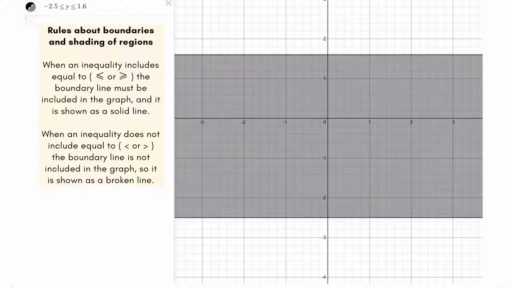Here, in this question, the graph has two solid horizontal lines whose equations are y is equal to 1.6, and y is equal to negative 2.5.